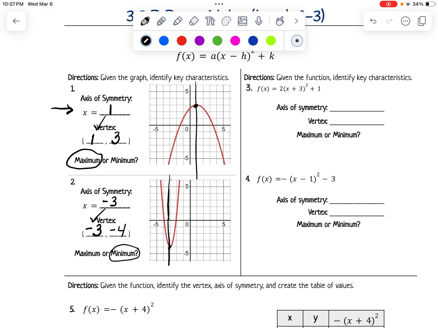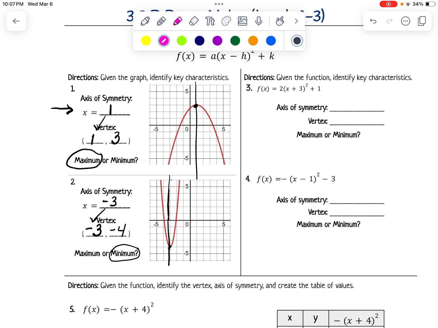Now, if you're given a function in this form, in vertex form, instead of a graph, you find your axis of symmetry by identifying your h, and you find your vertex by identifying your h and your k.